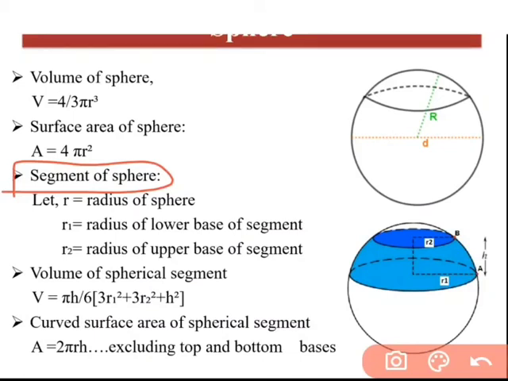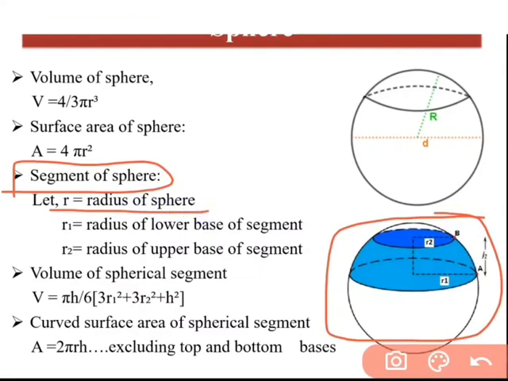You can see the figure. Small r is equal to the radius of the sphere, r1 is the radius of the lower base of the segment, and r2 is the radius of the upper base of the segment.